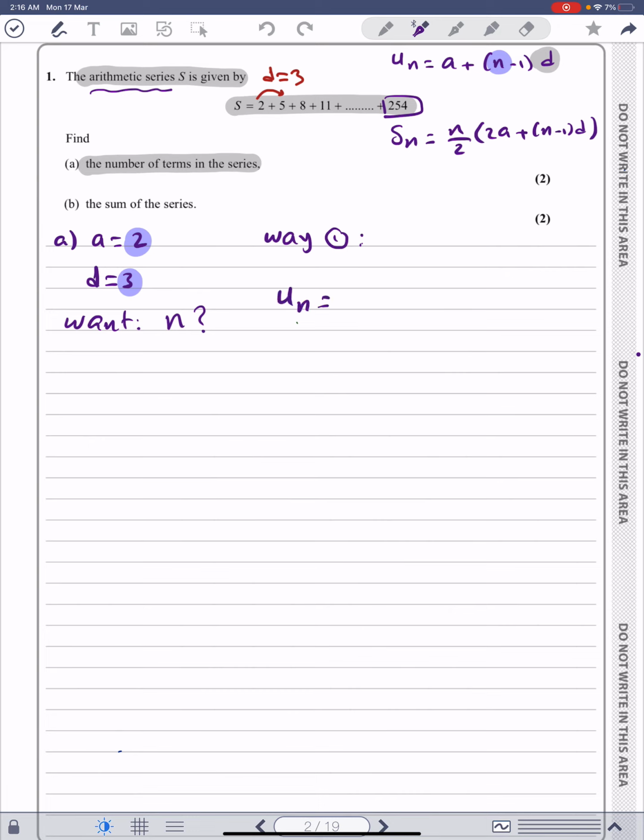Un equals 2 plus n minus 1 times 3, which equals 254. By solving this for n, 3 times n minus 1 is equal to 252. 252 divided by 3 is 84, or use the calculator, guys. Don't think too much. So n is equal to 85.